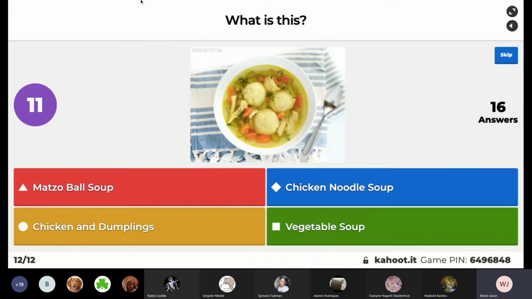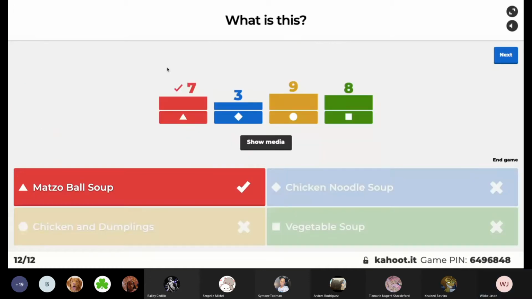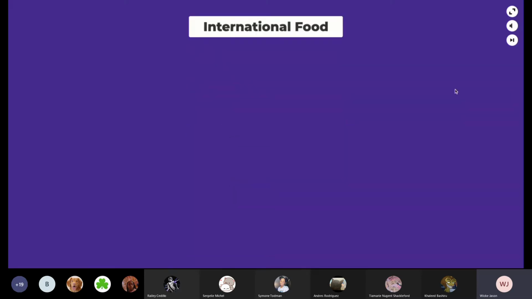Or green, vegetable soup? All right, the answer was matzo ball soup, which I really don't like. So let's see who won.